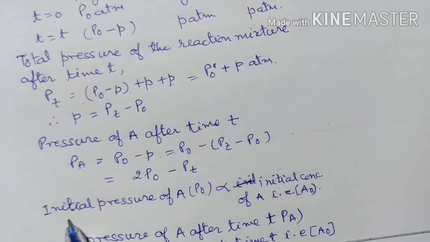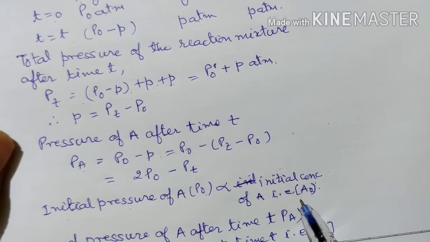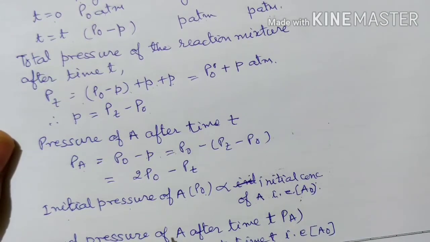Here the initial pressure of A is directly proportional to the initial concentration a0. And the pressure of A after time t, PA, which is required for solving the equation, is directly proportional to the concentration of A at time t, that is, a.